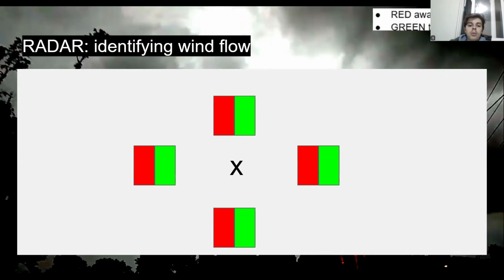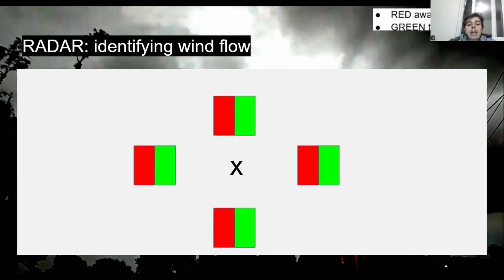Now, what does this mean? So the X on this slide is representing where our station is. And areas of red, now this is just squares, but it would really be a completely filled in area, obviously. But this is just for the example.